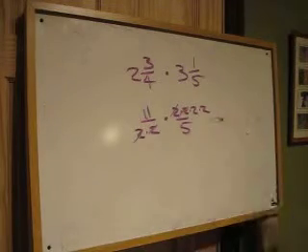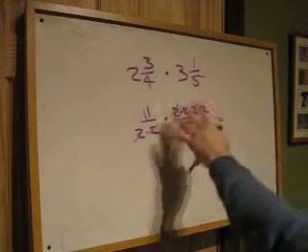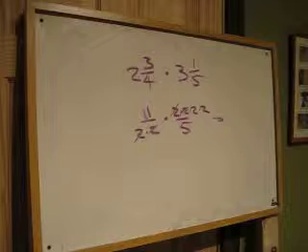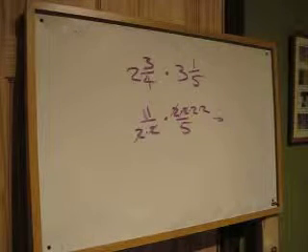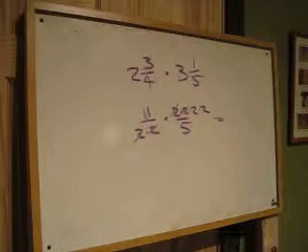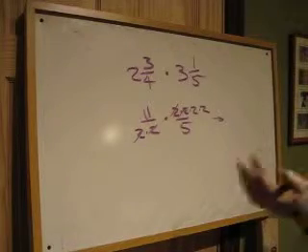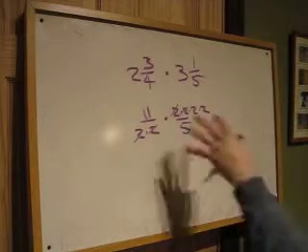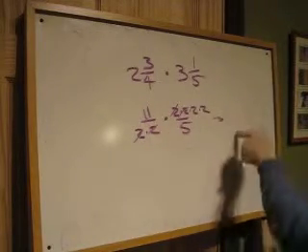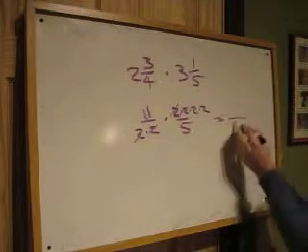Now, if you remember, once you divide out everything you can before you multiply, once you get a final product, it's reduced. You don't have to worry about reducing it because you reduced it here. So whatever answer you get here is going to have been reduced.